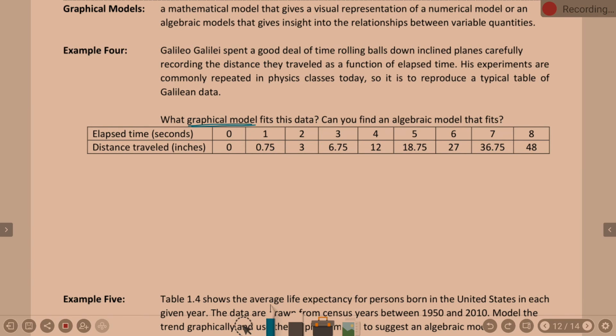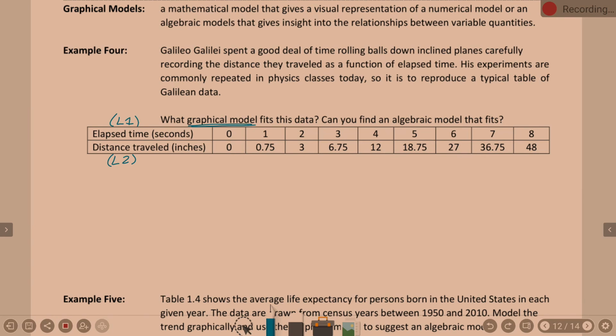Okay, so with this in mind, we have elapsed time, we have distance traveled, yes? So I'm going to put my time into L1. I'm going to put my distance traveled into L2. L1 will be easy. It's 0 through 8, isn't it?